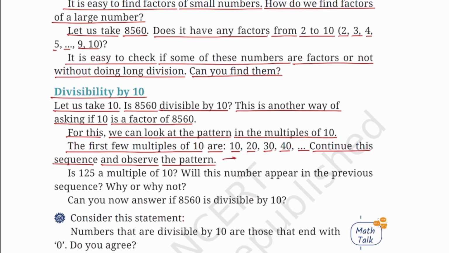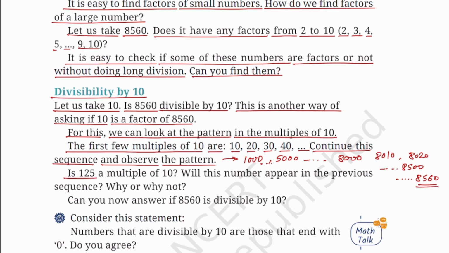You will get numbers like 1000, 5000, 8000, then 8010, 8020, like that, 8500, then 8560.